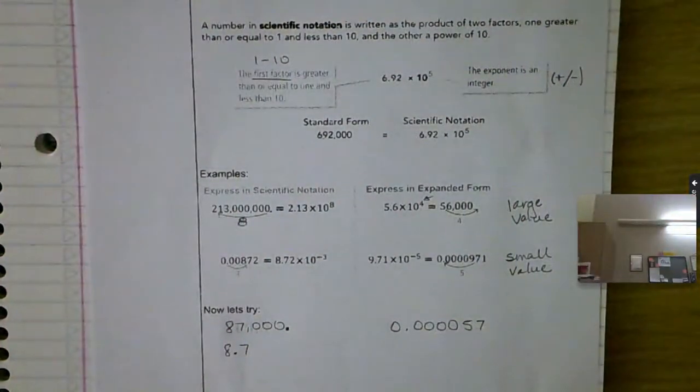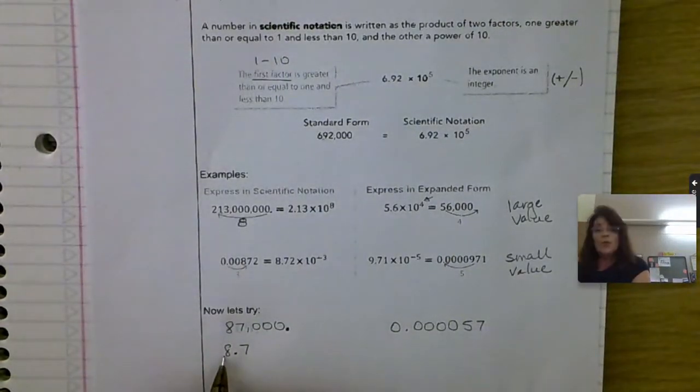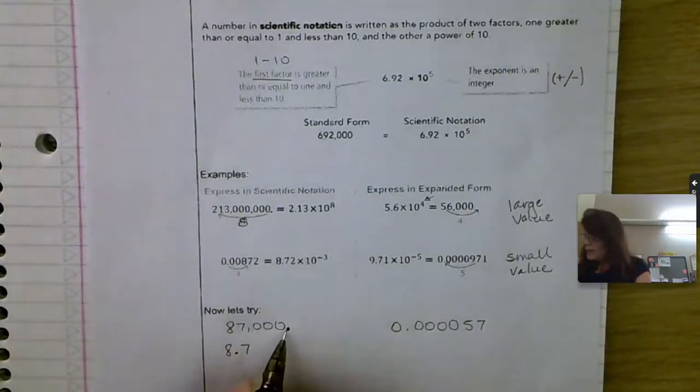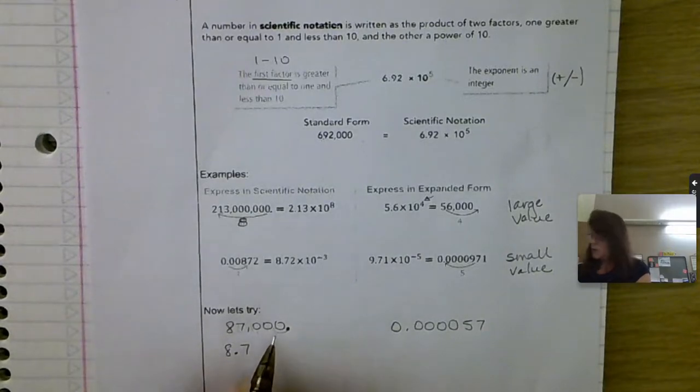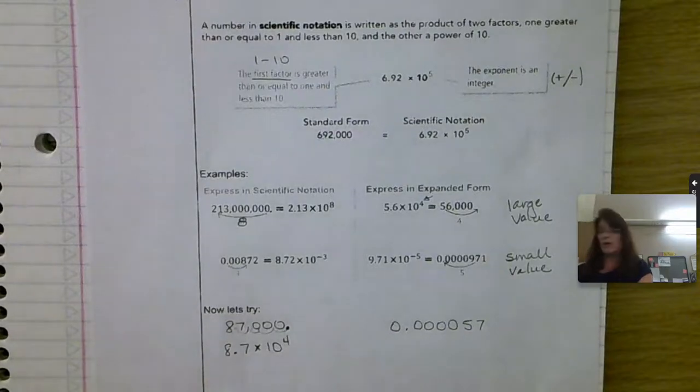Sorry about the lights again. Sorry, that's the reality of the classroom. So between 1 and 10, there's my number. But where did my decimal move in order to get that value? 1, 2, 3, 4 spaces. So it's times 10 to the fourth power.